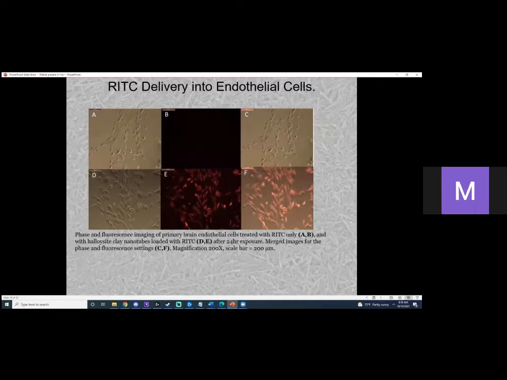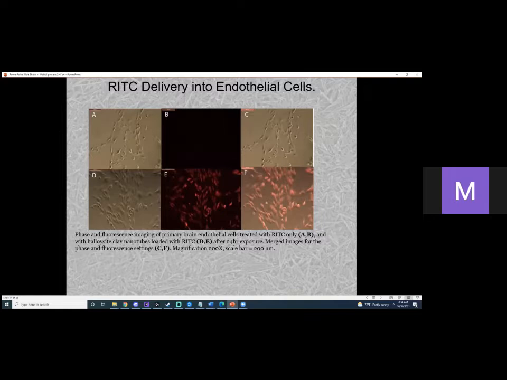Okay, so RITC delivery into the endothelial cells. These are our initial results after adding the samples to the cell culture plates of endothelial cells, which make up the major part of the blood-brain barrier. Figure A and B show RITC alone, and then figure D and E display RITC that's loaded in halocyte.